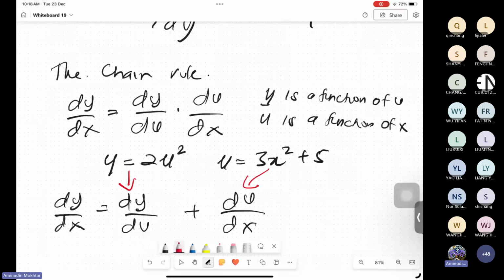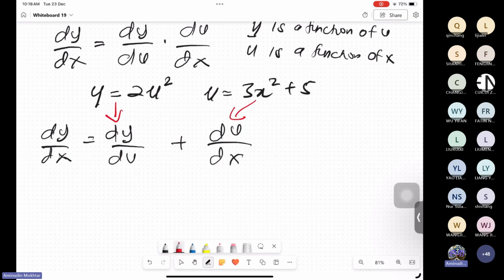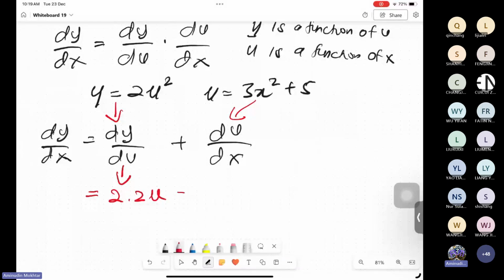We combine their derivatives to find dy/dx. From y equals 2u squared, based on the power rule, dy/du is 2 times 2 u to the power of 1, which is 4u.